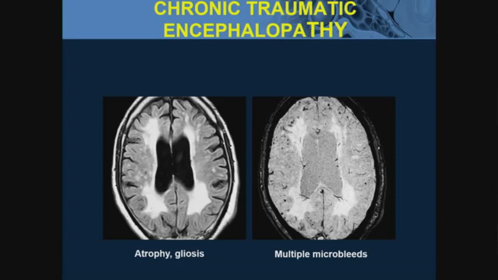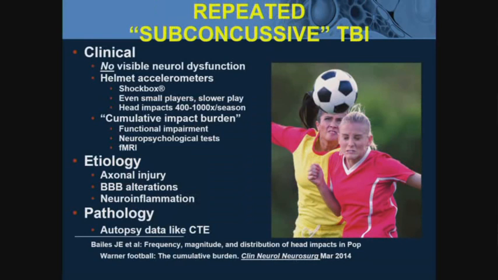So if you come up afterwards and ask me, you know, my children or my granddaughters are playing this or that, what should I do? I will tell you, swimming and golf are very nice sports. So it doesn't take big head blows. Repeated subconcussive injuries do serious damage to the brain.